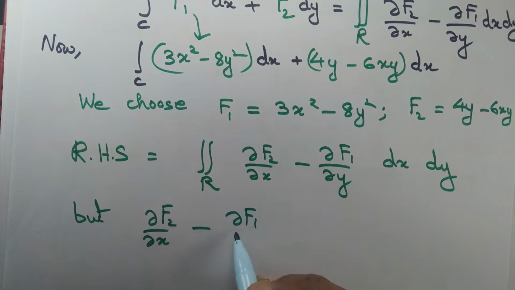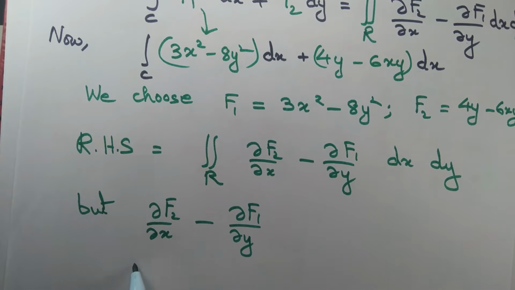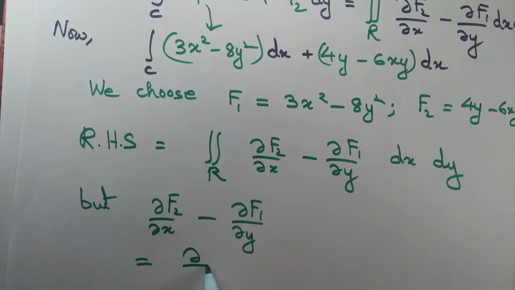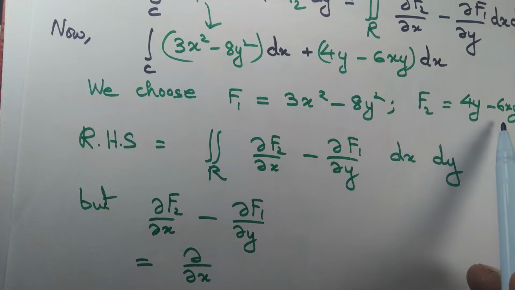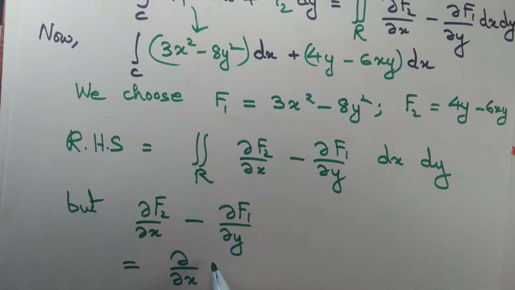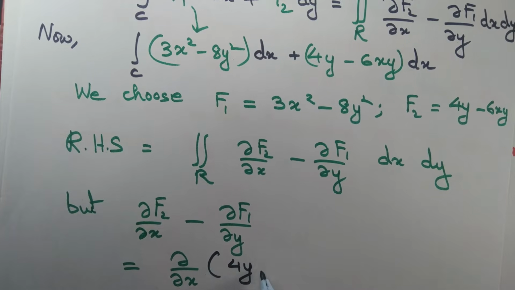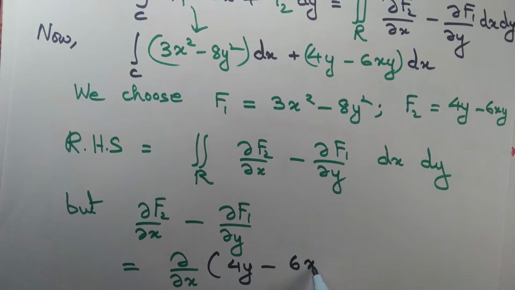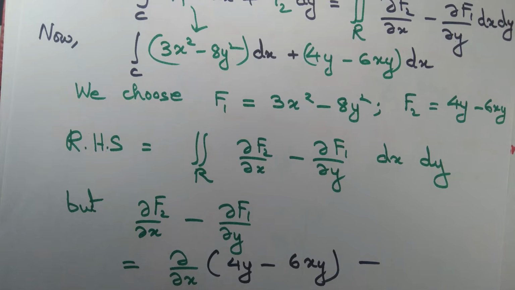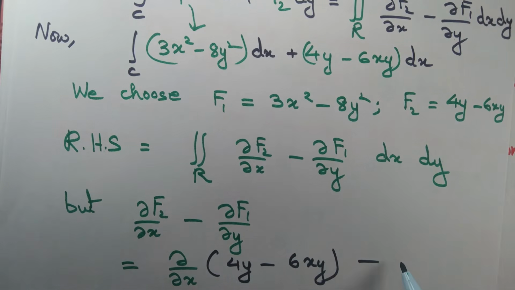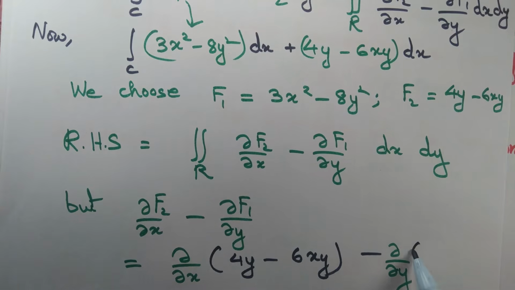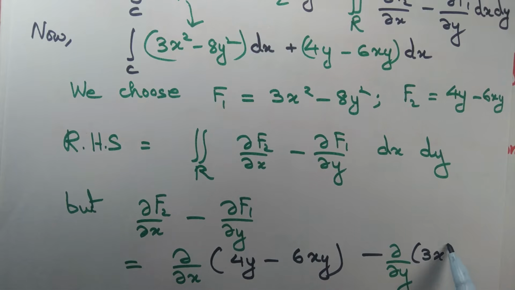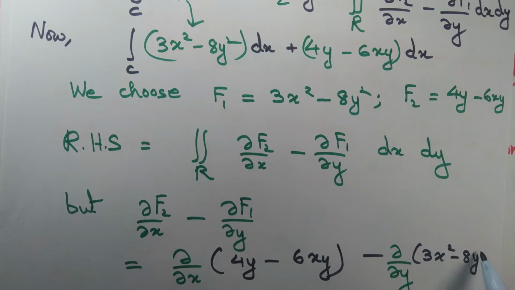Del F2 del x minus del F1 del y equals del x of F2. What is F2 here? 4y minus 6xy. What about F1? F1 is 3x square minus 8y square.